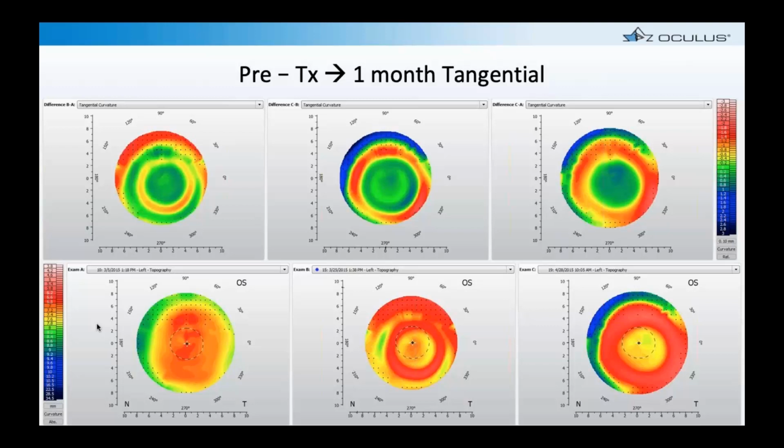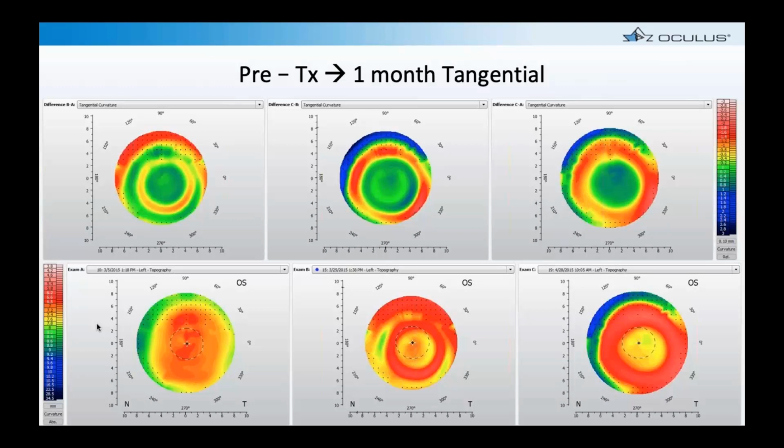But we can see what's happening is over time we're getting, again, more correction at each visit, a little bit more centrally and a little bit more outside of the central zone as that ring of treatment expands. By doing the comparative series, you really see what's happening over time instead of just from one visit to the next. You can see the subtleties that occur not just from one visit to the next, but over time, the evolution of the patient's treatment.